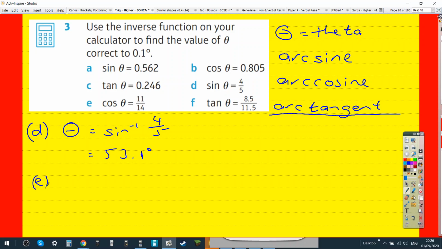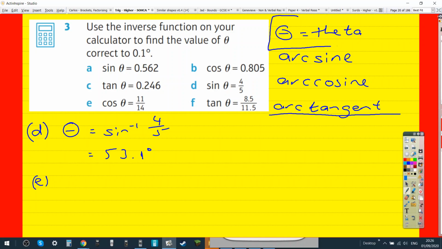How about E? So you have to do arc cosine. So then it will be theta, what was the name for the one with the line in again? Theta.